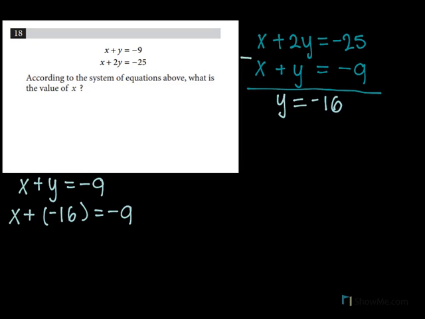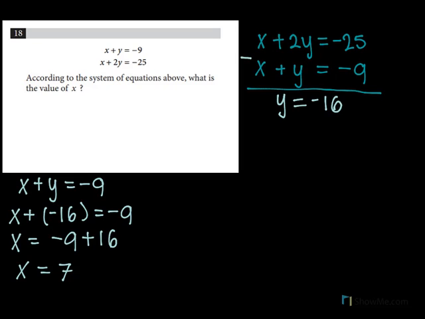And now let's add 16 to both sides, so that would be x equals negative 9 plus 16. So x would just equal positive 7.